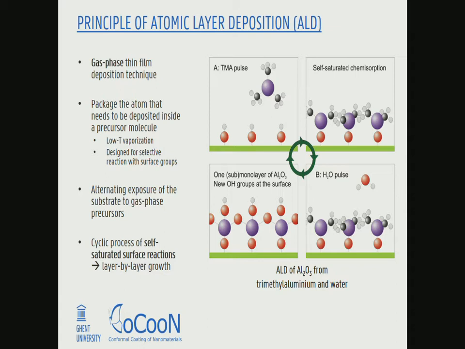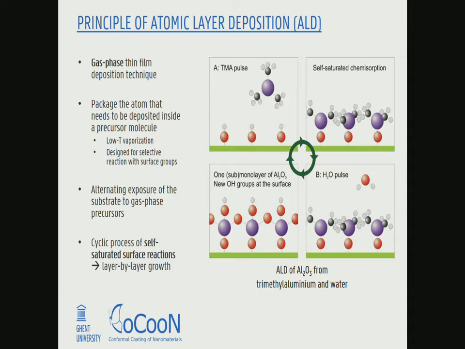So this is the alternation: step 1. You pump out gas 1, and you admit gas number 2, which is in this case just water vapor. It cleans off all of these remaining metal ligands, or many of them hopefully, and you're left with, in the ideal situation, and of course the real world is never ideal, a single monolayer or sub-monolayer of aluminum oxide.